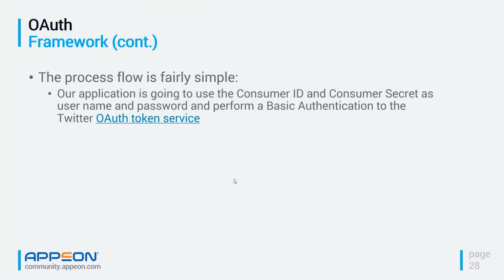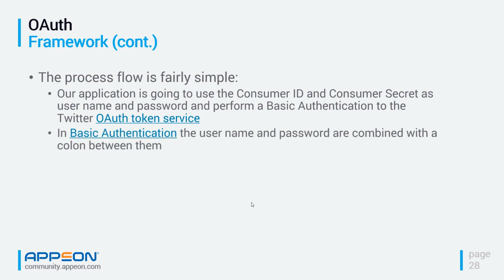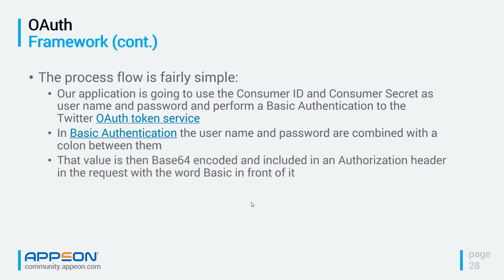So the process flow for OAuth is pretty simple. You have this consumer ID and consumer secret, which are essentially a username and password, but they're for your app. You then concatenate them together with a colon between them, and then you base 64 encode that value. That's how you do basic authentication.